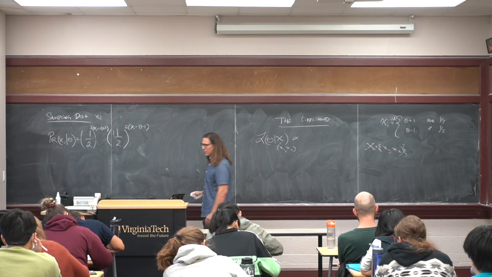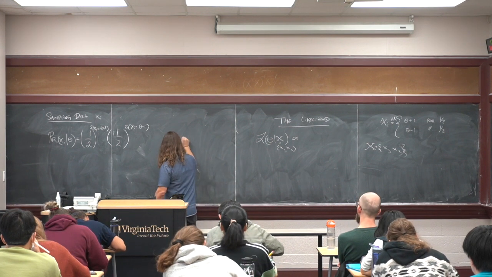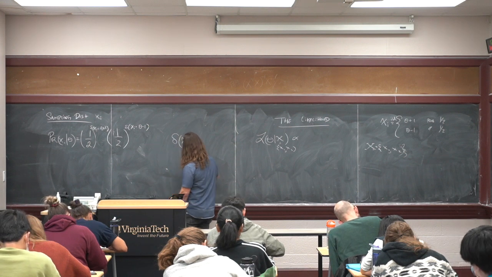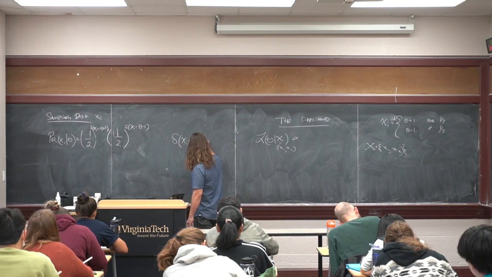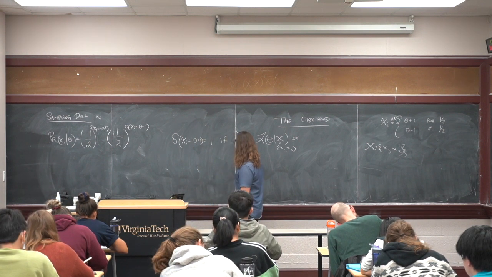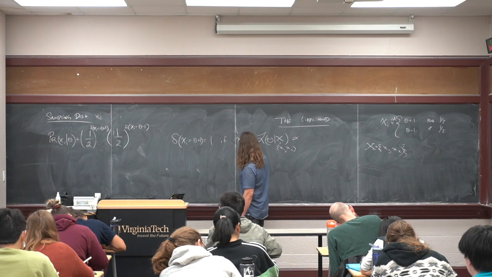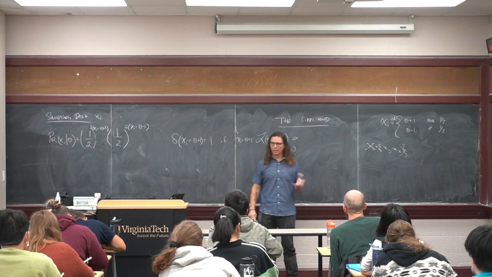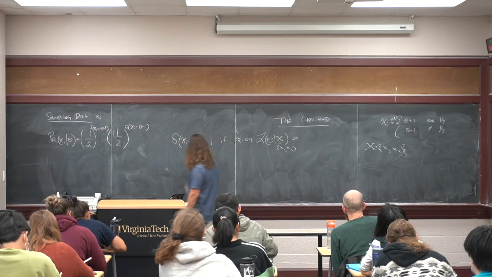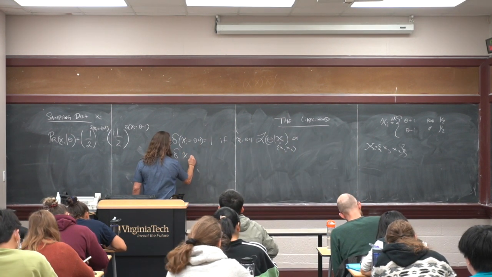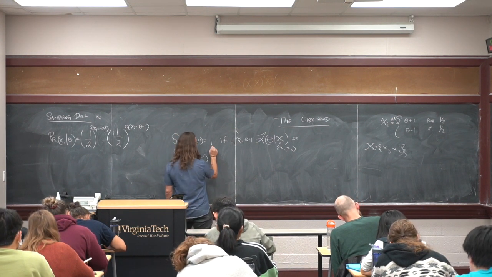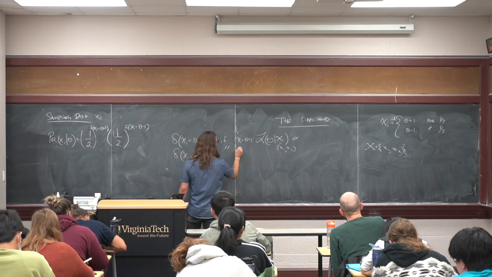Just to be really clear, delta of xi equal to theta plus 1 is equal to 1 if xi is equal to theta plus 1. So it's just a re-encoding of that variable you saw. Then you make the same indicator function, delta of xi equal to theta minus 1, and it's 0 otherwise.